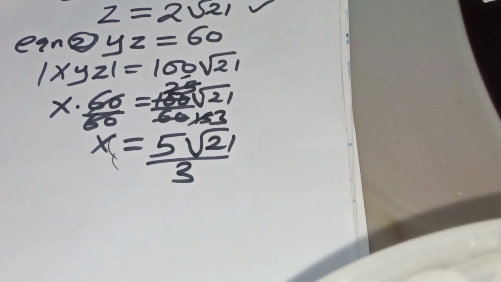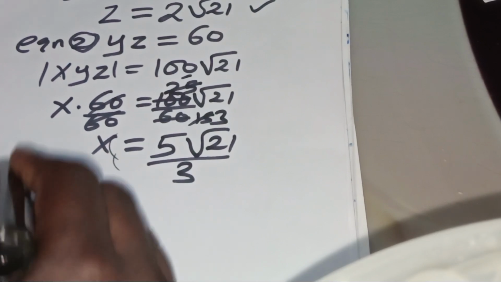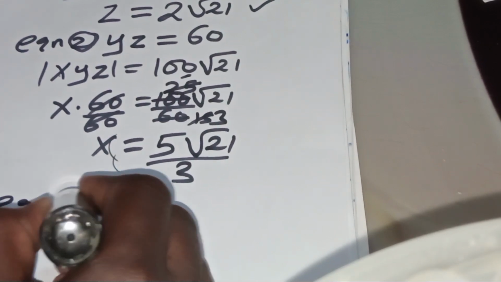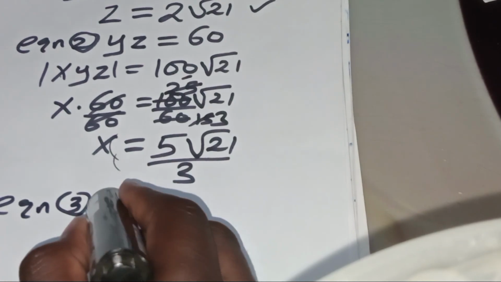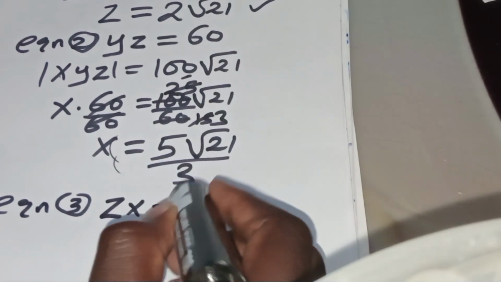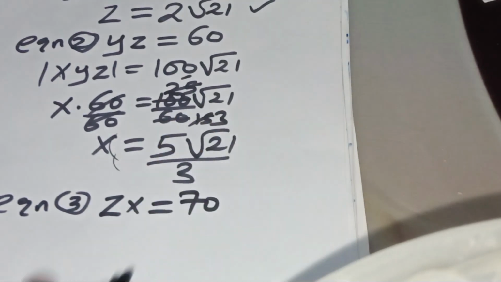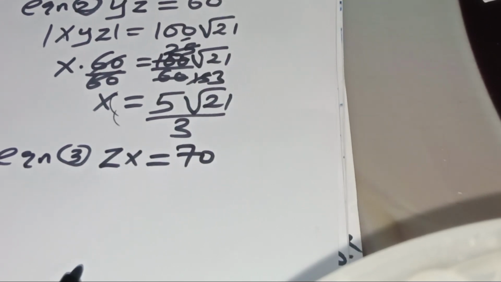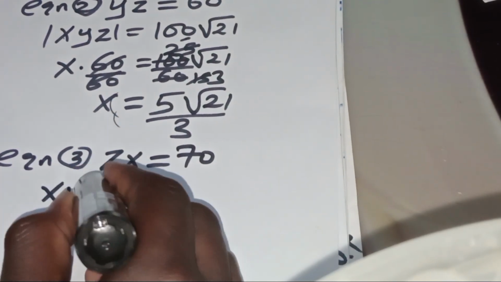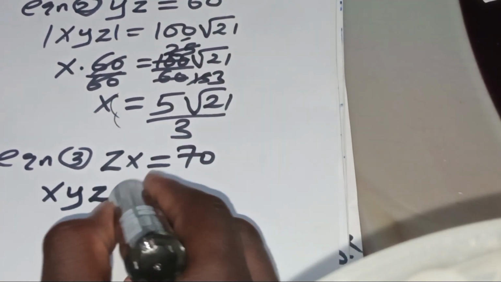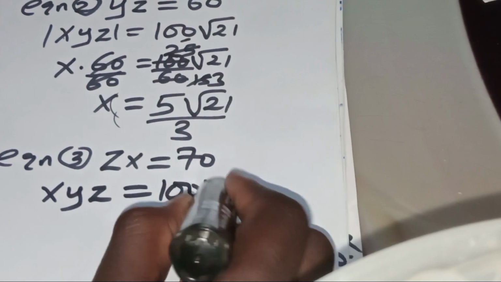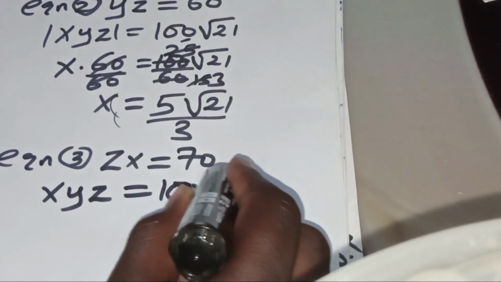Now let's solve for the value of y. From equation 3, we have zx equal to 70, and xyz equal to 100 square root of 21.